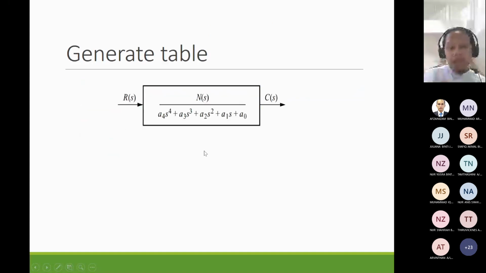Let's look at an example. Say you are given this transfer function that relates C with R, output with input. The transfer function has a denominator of A4 S to the power 4 plus A3 S to the power 3 plus A2 S squared plus A1 S plus A0.